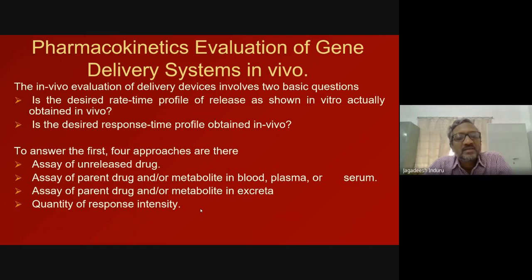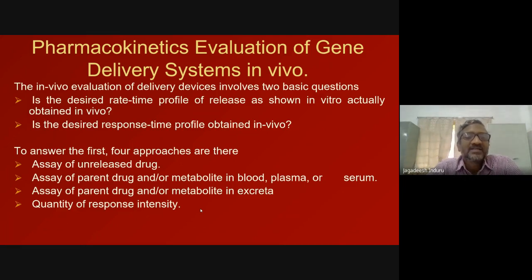Is it worth sticking to, by applying this in vitro to the in vivo? And the second question is, is the desired response time profile obtained in vivo? Because if there is no correlation, can we do it directly in vivo? This is the first question you are going to have.